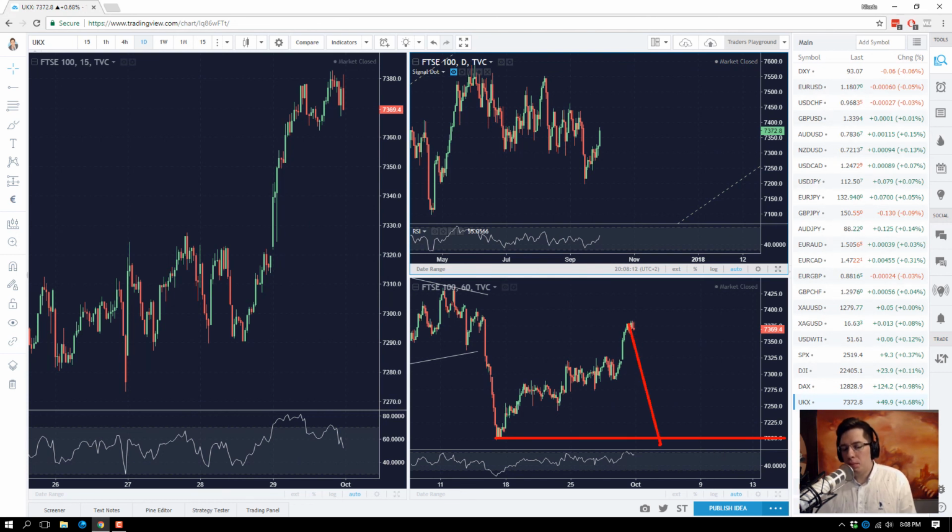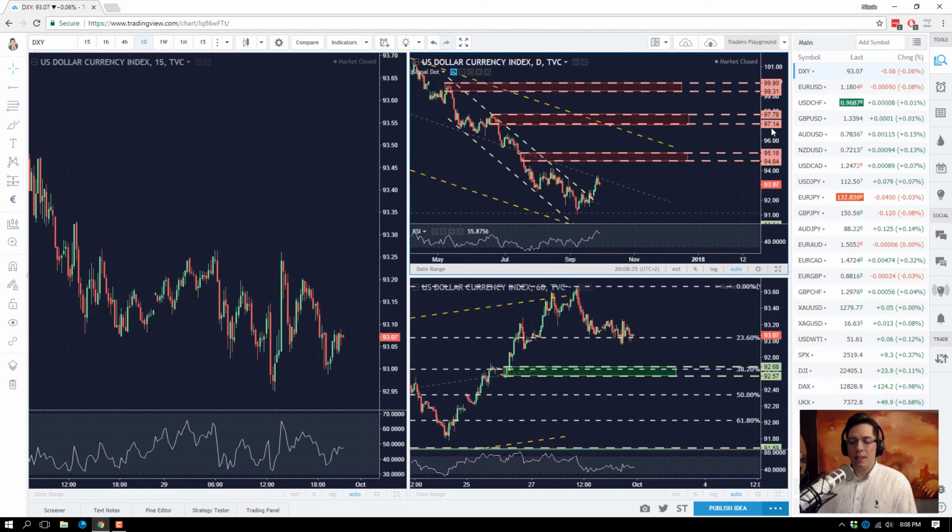If this breaks, it should give up. And of course, when I say buy or sell, it doesn't mean that you should buy right away. You should wait for a setup that would allow you to go into your trade the safest way. So guys, as you see, we have a decent amount of trading events coming in the next 7 days.